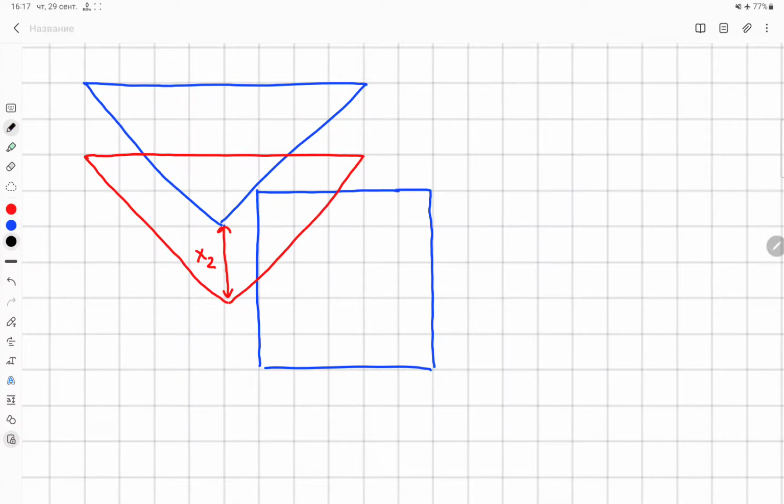Object m1 cube will be here, because here we should have contact between two objects. And the object m1 shifted for this distance. Let's call it x1.